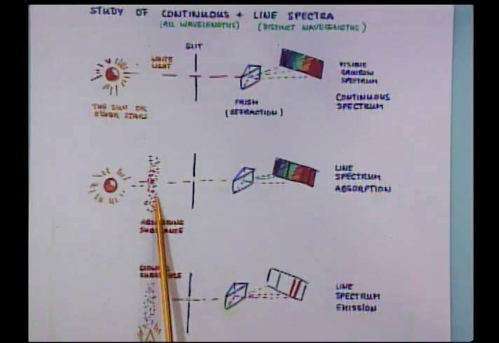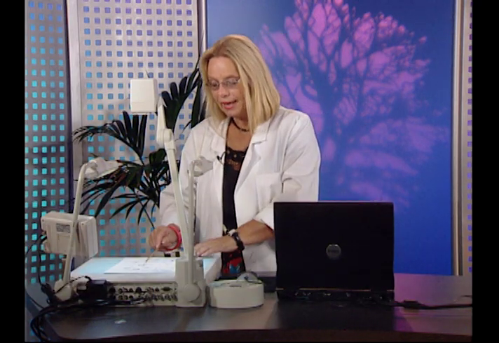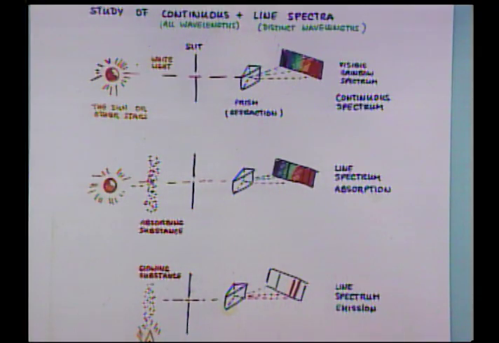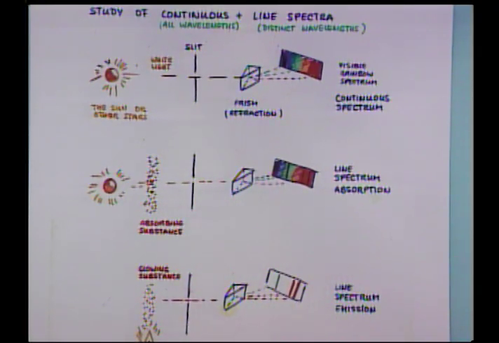So the sun radiates as usual, but the particles in between will take the energy that they need for their own electron transitions, practically cutting the segments out of the continuous sun spectrum and using it to propel the electrons to higher energy levels. That's why we call that absorption. Now, these segments will then be missing from the continuous array of the rainbow spectrum, which is the light-producing sun. And we call that a line spectrum. Remember, black lines on a colorful background.